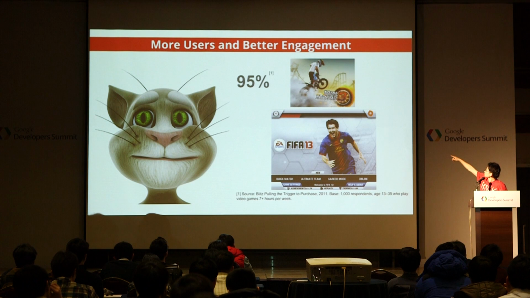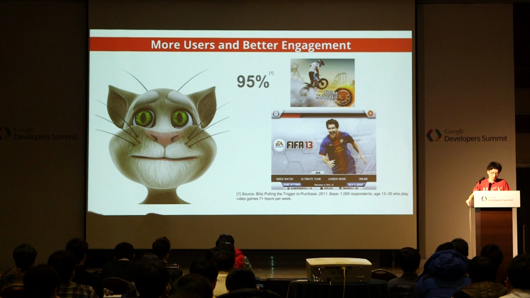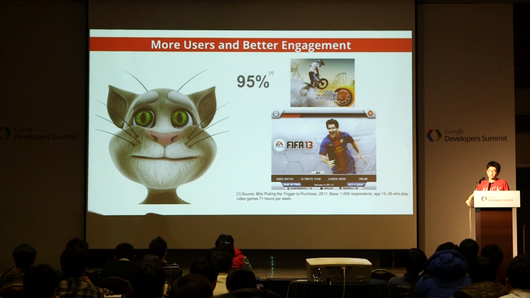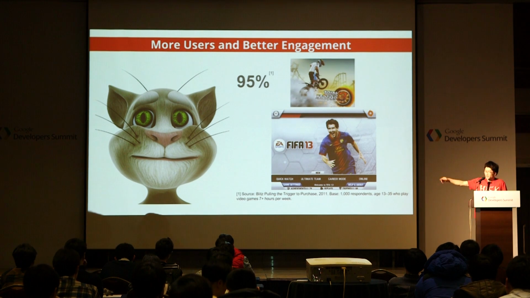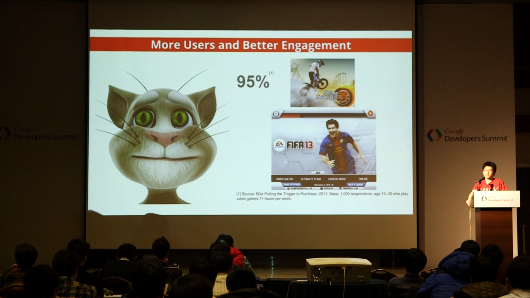Look at these two pictures. One is Trial Extreme 3, and the other is FIFA 13. Both have a feature for uploading user-generated content, and they succeeded in sales. Also, the cat on the left is the logo of Talking Tom, the first famous mobile application using the YouTube API.